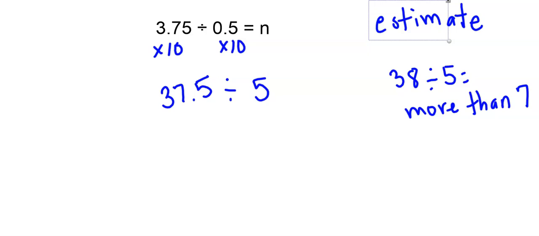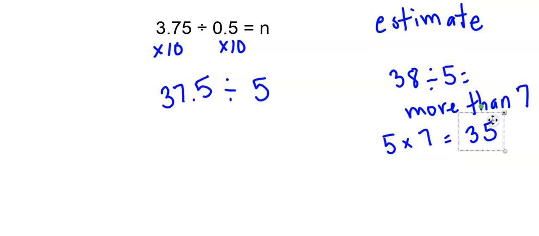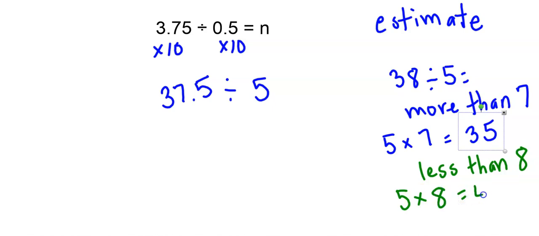But because 5 times 7 equals 35, I'm also going to say that it's less than 8. How do I know that? Because 5 times 8 equals 40, and it's not quite 40, is it?